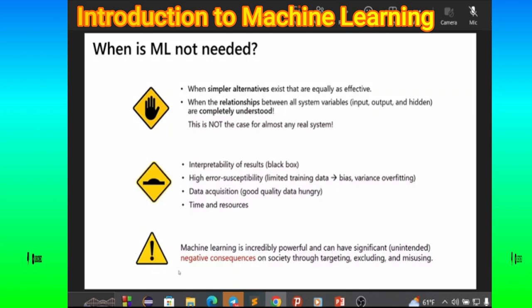Responsible AI is an area that is being well researched, because there are situations where people were being excluded, or people were being targeted.